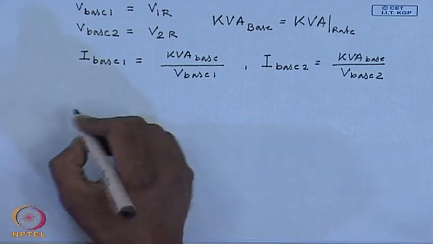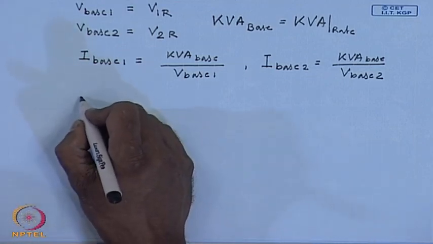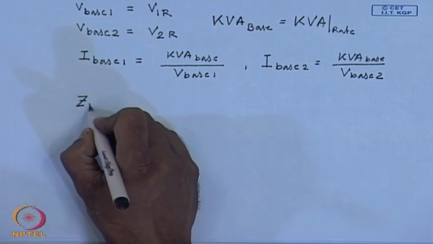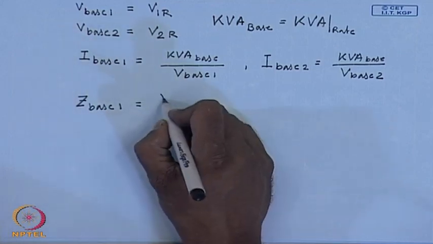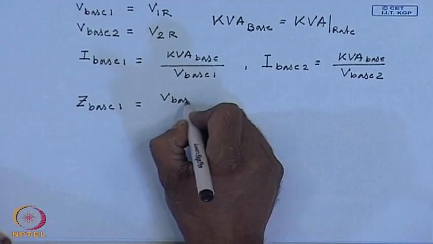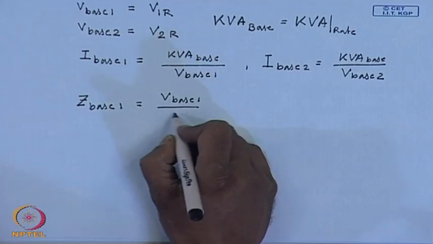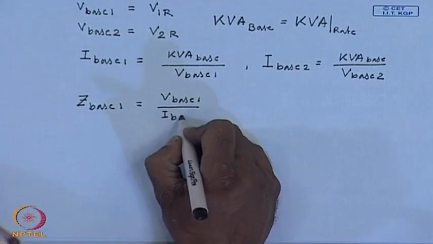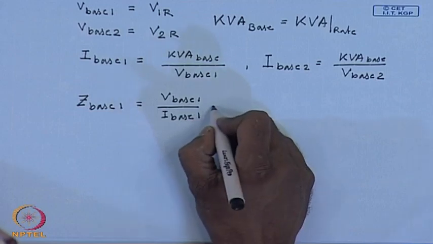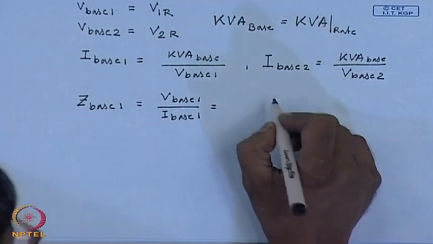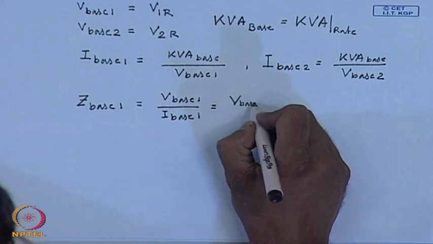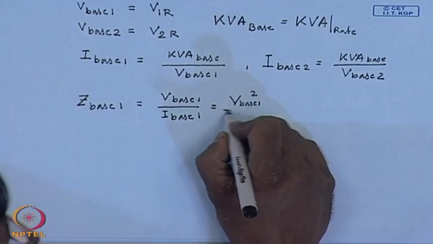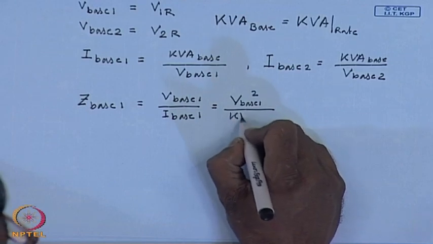Next step, we can define a base impedance Z base 1 equal to V base 1 by I base 1, and this is V base 1 squared by kVA base.